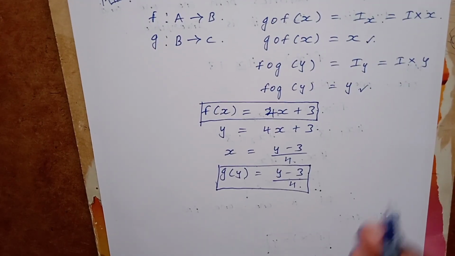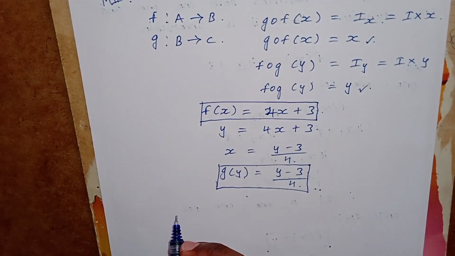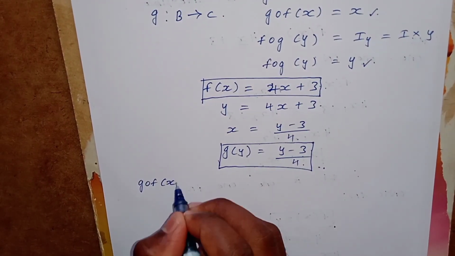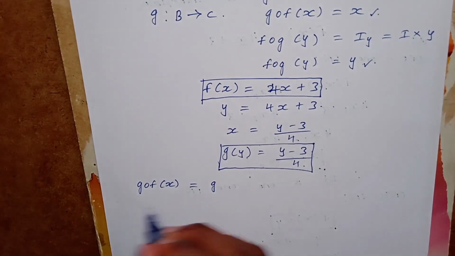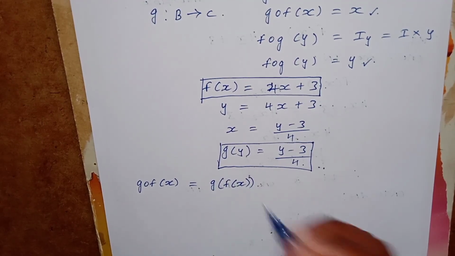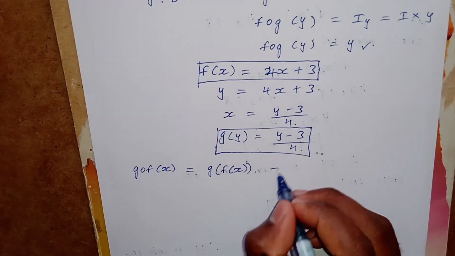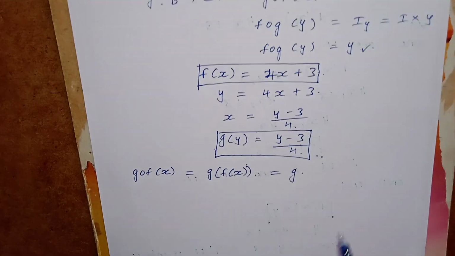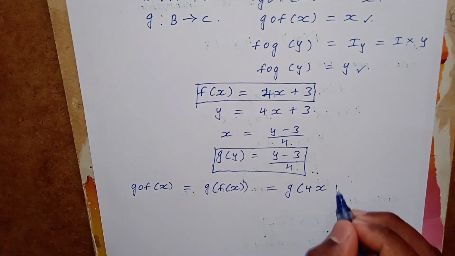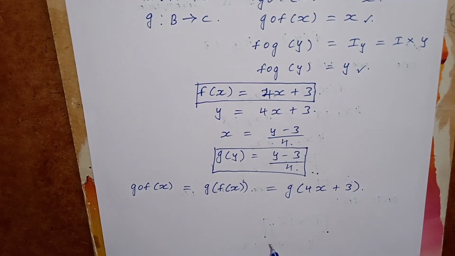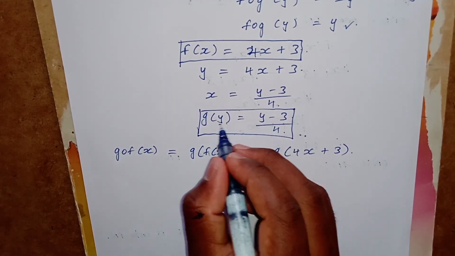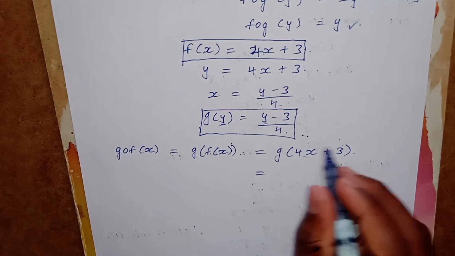Therefore I am going to take g o f. If you take the o here, you put an open bracket and a close bracket. Here g in the place of f of x, which is 4x plus 3. Next, g of y in the place of y, here it is y, therefore this is my y now.